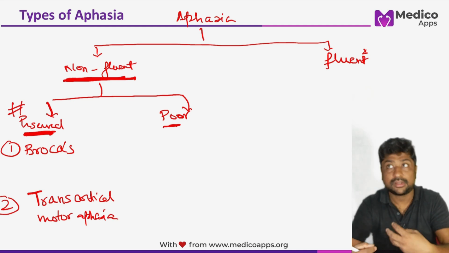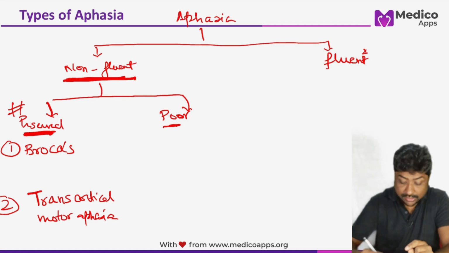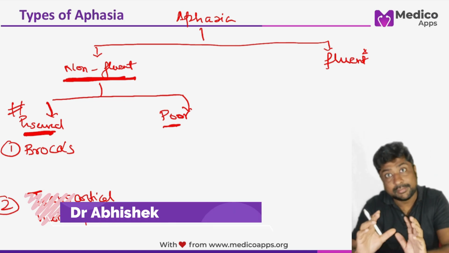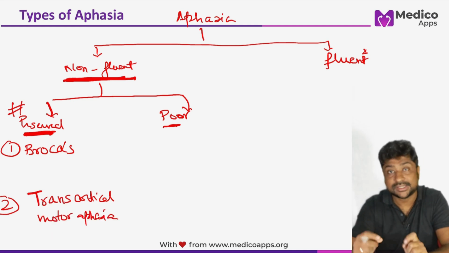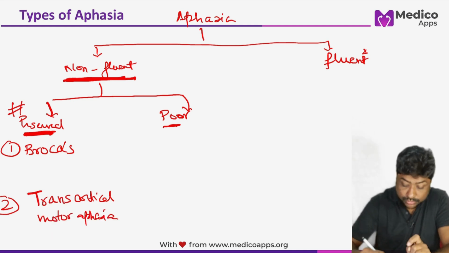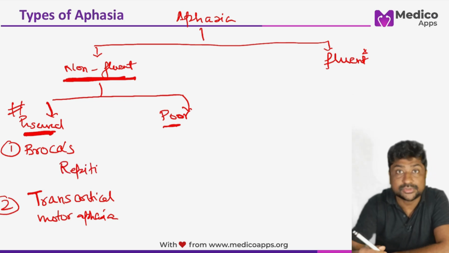In both these aphasias, the patient will not be able to speak out. The speech will be labored, and he will be speaking very short sentences. But their ability to understand whatever instruction you are giving, whatever question you are asking, is intact. So how do we differentiate between both of these? Remember, repetition. If you give a word and ask the patient to repeat it.